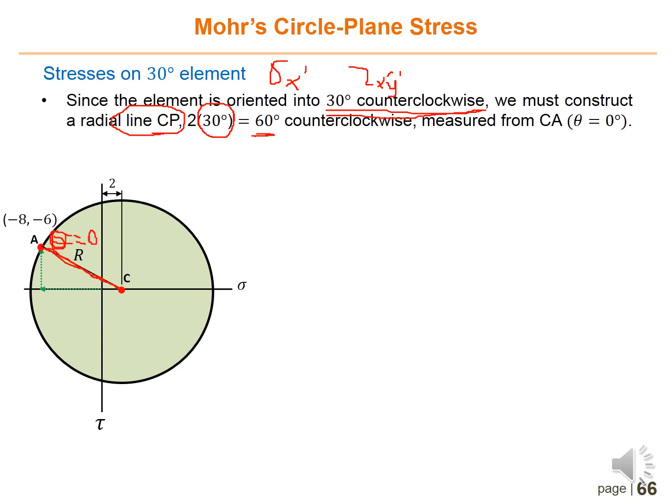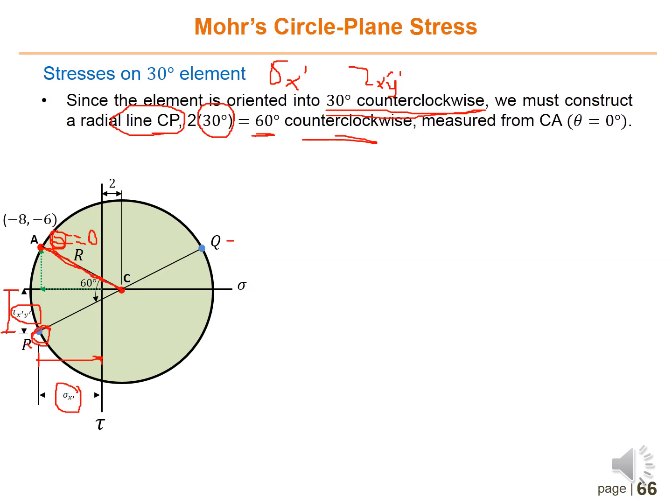You have to construct the line CP where the angle is about 60 degrees counterclockwise from here, and you can construct the straight line like this, and this becomes point P, and this becomes point Q. Then next is to determine the coordinate values of point P, because the horizontal distance from point P to the origin represents the value of sigma x prime, whereas the vertical distance from P to the origin represents the value of tau x prime y prime. So you have to determine these coordinates.